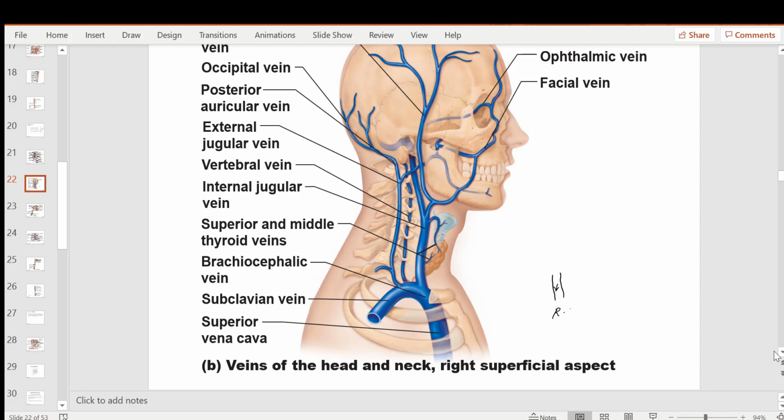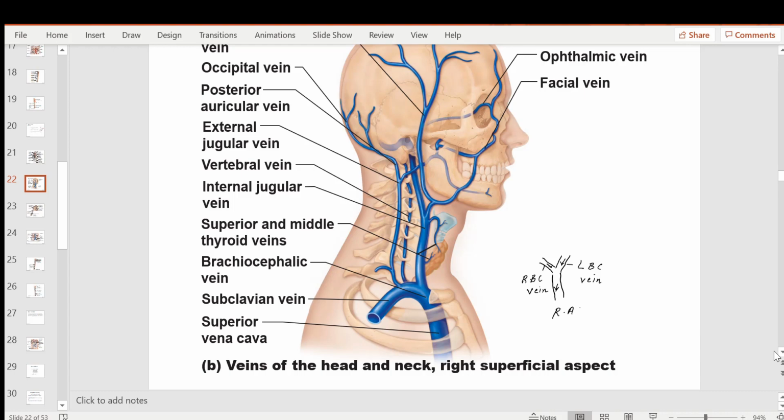And I also told you the superior vena cava has two large tributaries, the right and left brachiocephalic veins. So this is the left brachiocephalic vein, and this is the right brachiocephalic vein. They give blood to the superior vena cava.